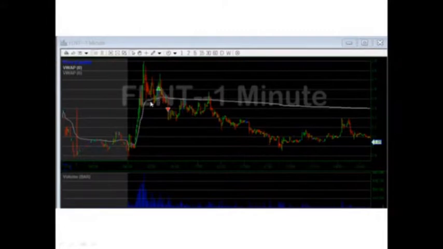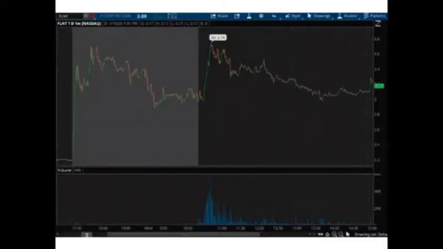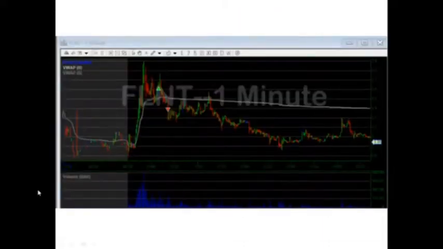Number one, a lot of these low floats love to bounce off of VWAP. So basically, this one got a nice spike right off the open. And we notice that we have VWAP, which is something that you can use.